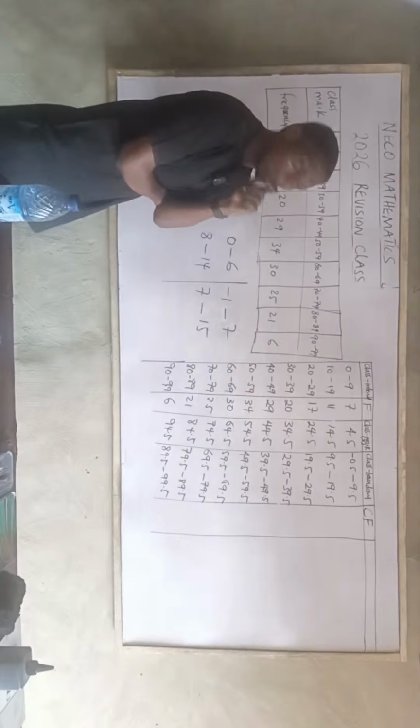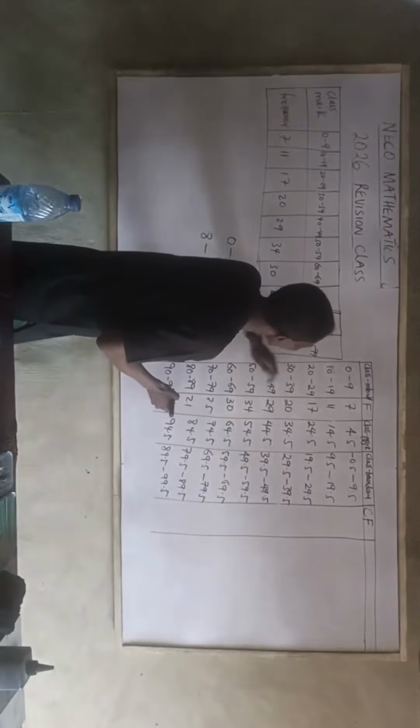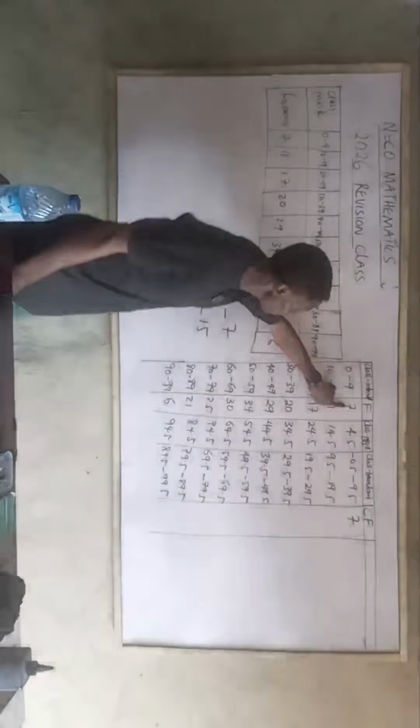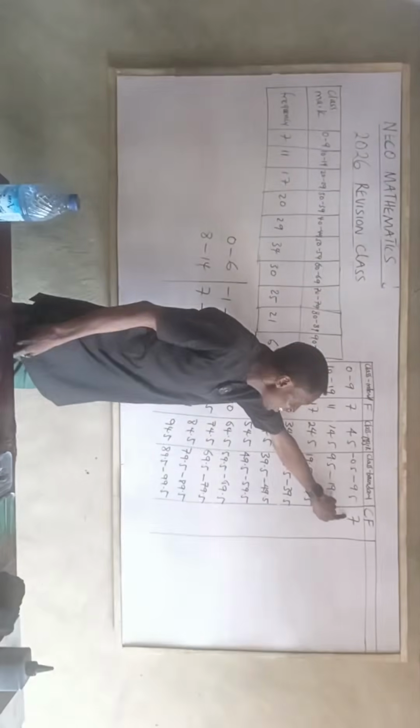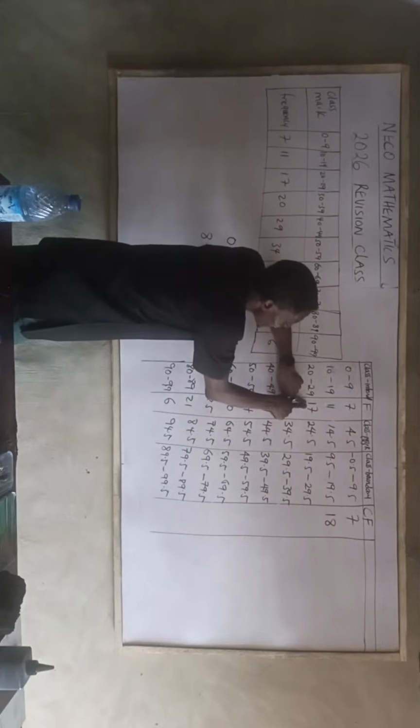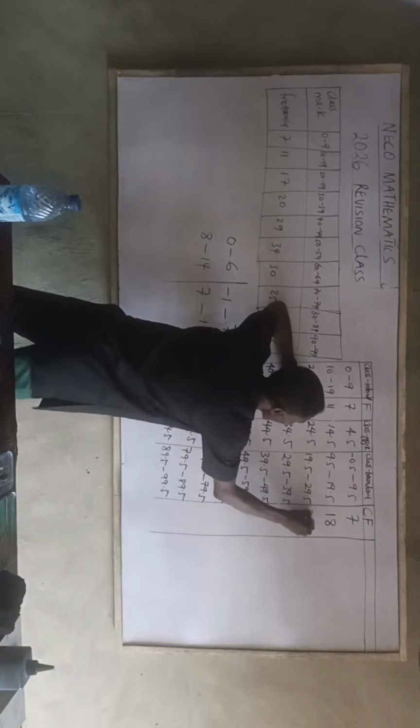CF is gotten by simply taking the first frequency and putting it back here, 7. You put 7 there, then you add it with the next frequency. That's 18. Very simple. You add the next frequency again, that's 35.